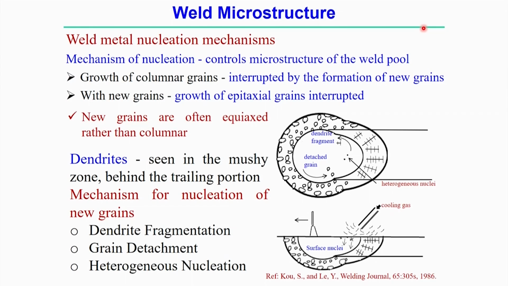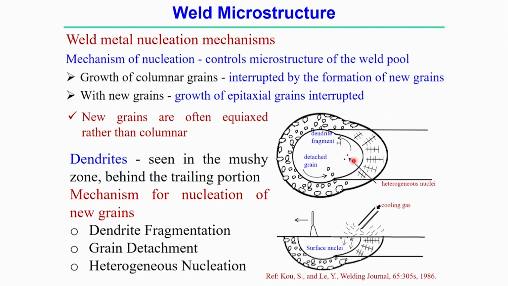Now, if you look at the dendrites in the mushy zone behind the trailing portion, that means the rear part of the weld pool, the mechanism of nucleation depends on several phenomena. One is dendritic fragmentation.